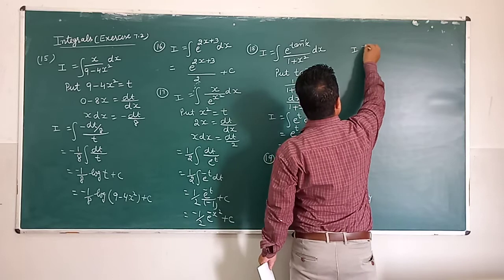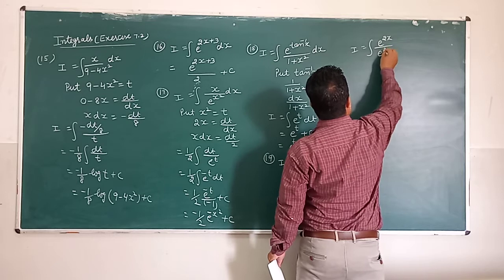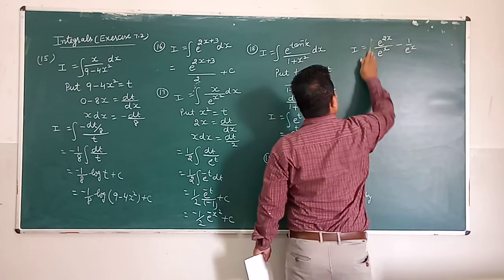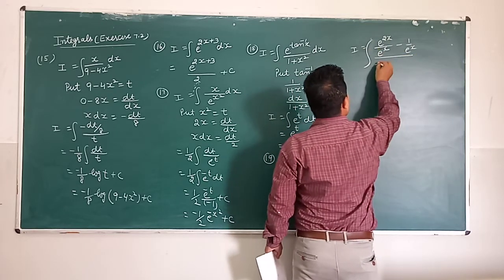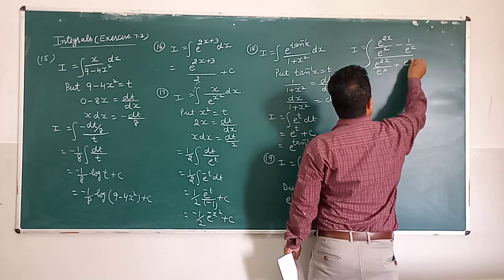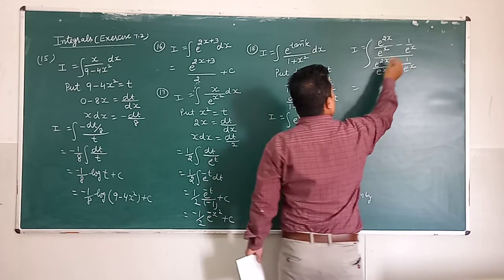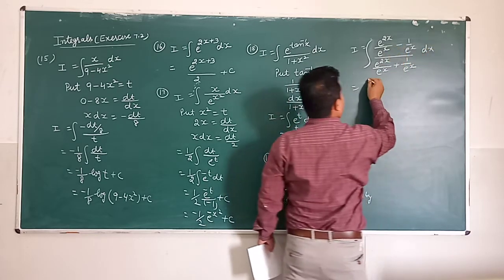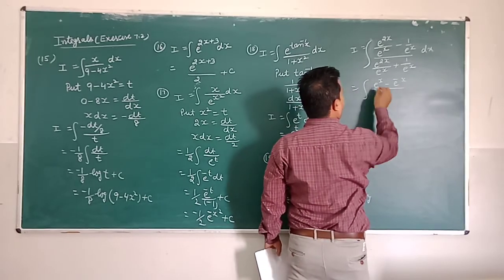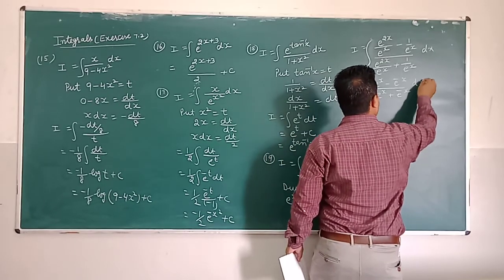When we divide this by e power x, this is e power 2x upon e power x minus 1 upon e power x in the numerator, and e power 2x upon e power x plus 1 upon e power x in the denominator. So we get e power x minus e power minus x in the numerator and e power x plus e power minus x in the denominator.